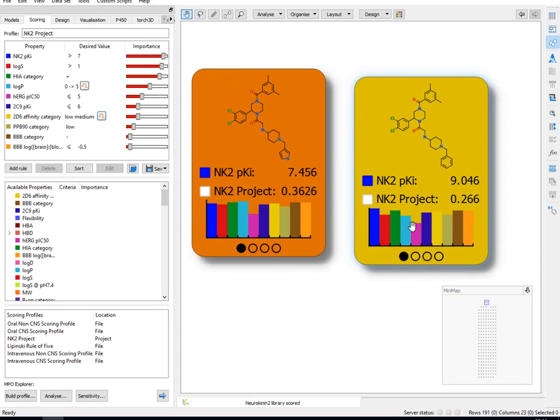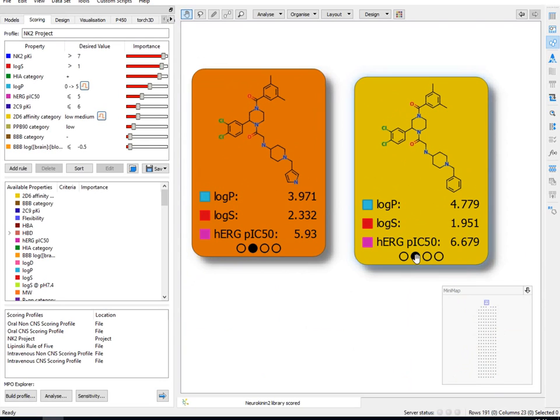And the histogram shows you why. I think the blue and the pink bars. But you can also drill down and see immediately from these predictions, at least, it's suggesting that, I guess here, log P, the light blue, is significantly higher, so additional risk. But particularly here, the predicted hERG inhibition is very, very high. And so this would be a significant additional risk factor, and hence the overall score is lower.